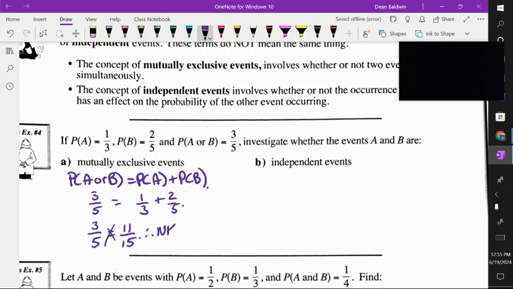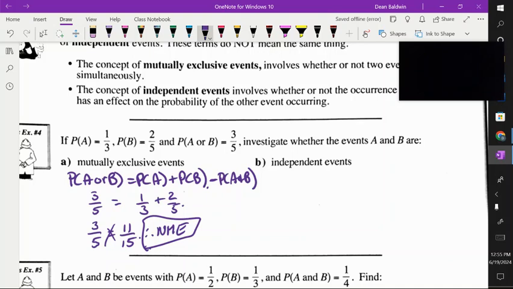Therefore, they're not mutually exclusive because there is some factor that we have to calculate: the probability of A and B, right? Because if this is 0, then it's this case. But because these don't add to this, there is a number there.